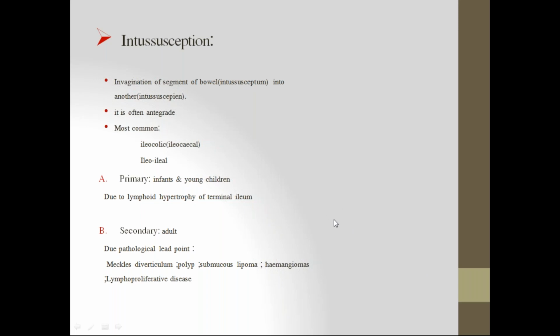But in secondary intussusception, there will be a pathological lead point. This lead point could be a polyp, Meckel's diverticulum, submucous lipoma, hemangioma, or lymphoproliferative disease. Depending upon the pathology, if it is a malignancy, most commonly we need to resect it.